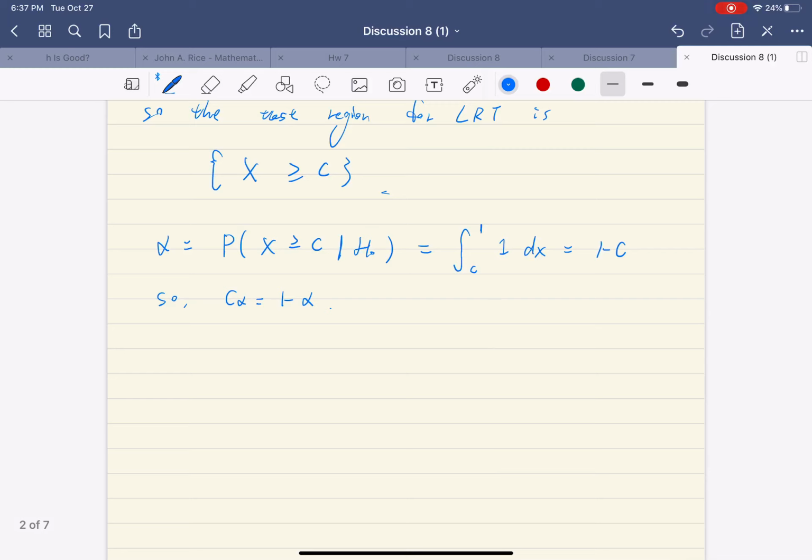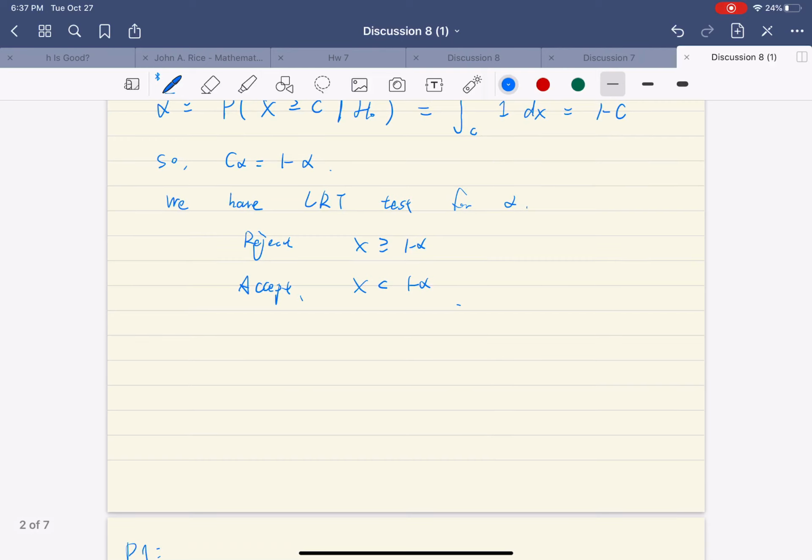So now we have the LRT test for alpha: we reject for x greater than this, and we accept for x smaller than 1 minus alpha.